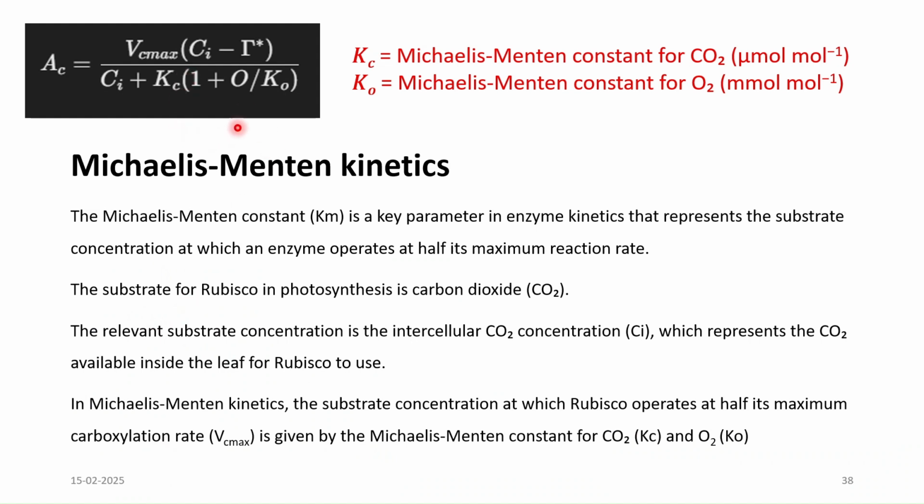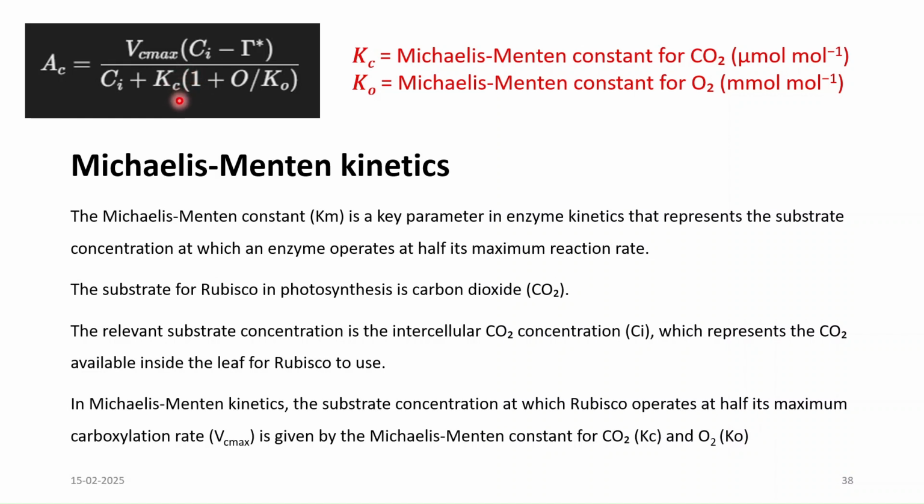Now, I kept on saying Michaelis-Menten constants. The Michaelis-Menten constant is based on Michaelis-Menten kinetics, where it is a key parameter in enzyme kinetics, representing the substrate concentration. Here the substrate concentration is the carbon dioxide and oxygen concentration.